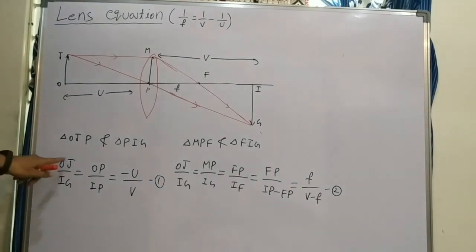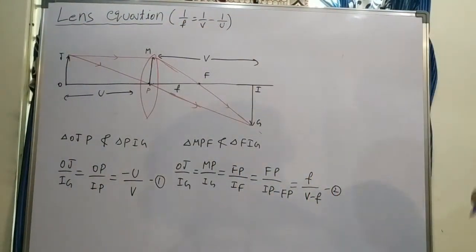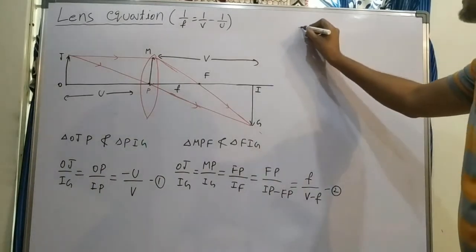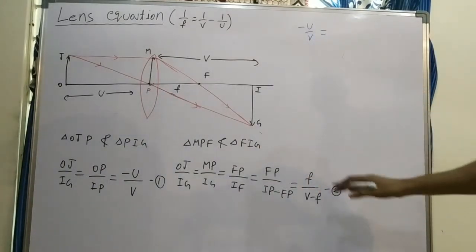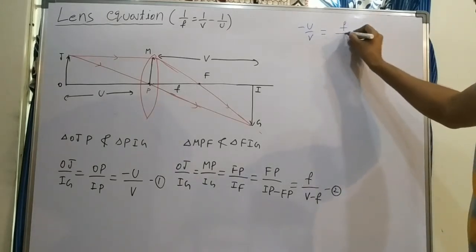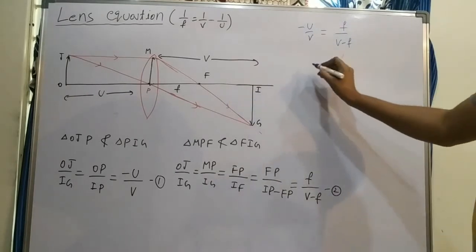So in equation 1, OJ by IG, and here also OJ by IG, both you can make equal. We get the relation minus u by v, and on this side f by v minus f. Now cross multiply. What do you get?